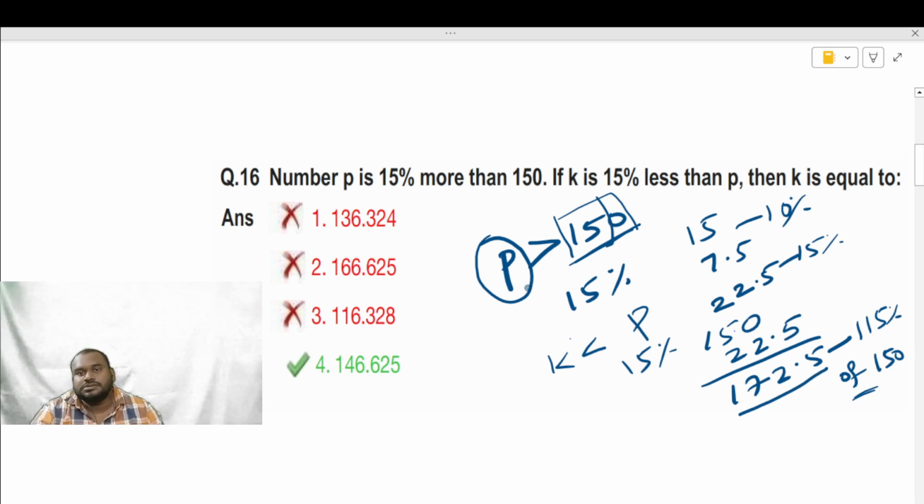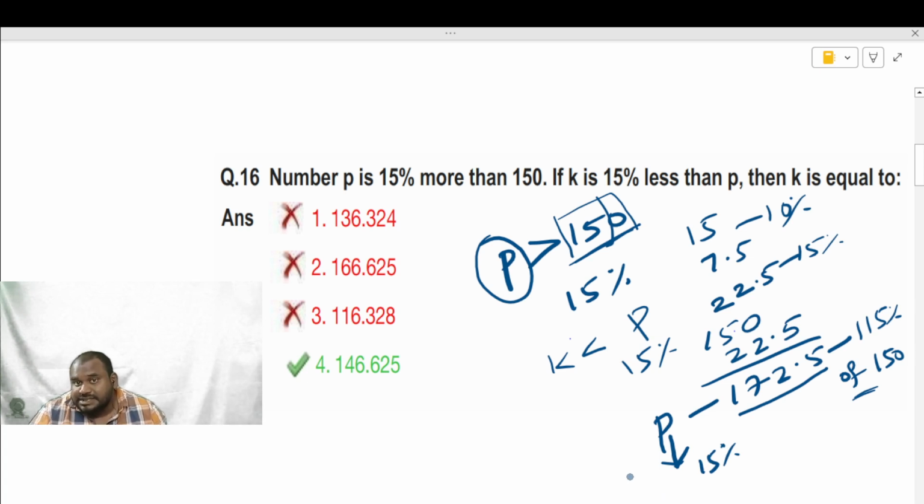Now, go to the other point. If K is 15% less than P, now you got the value of P as 172.5. We need to find a value which is less than P by 15%.